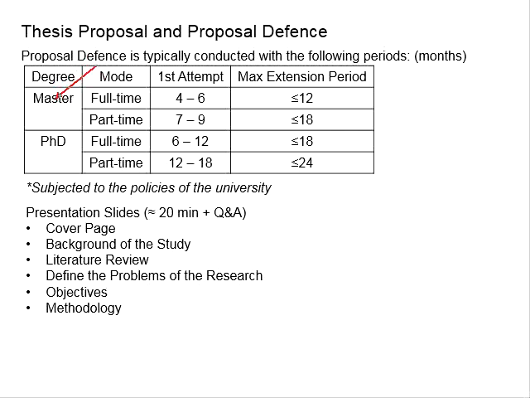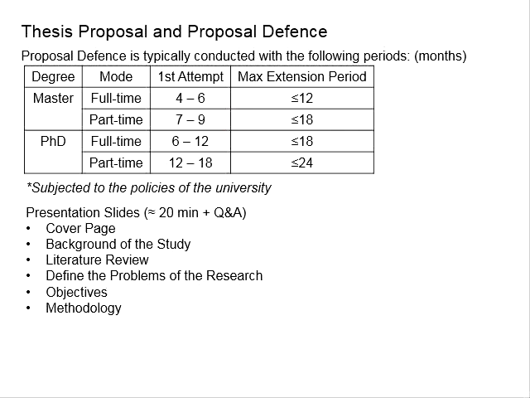That means the master degree full-time, the proposal defense will be done in the first semester, where one semester is about 6 months, and for the PhD study, it is in the second semester, somewhere between 6 months to 12 months.